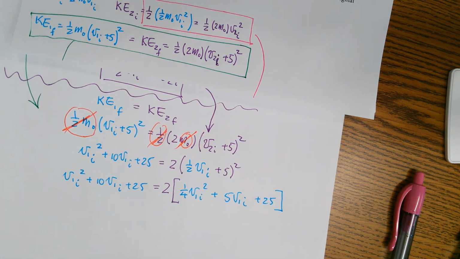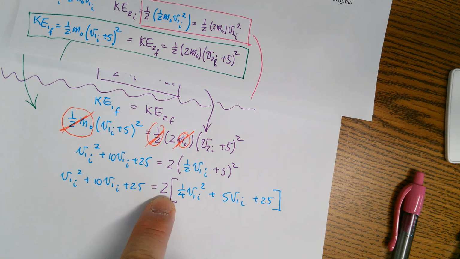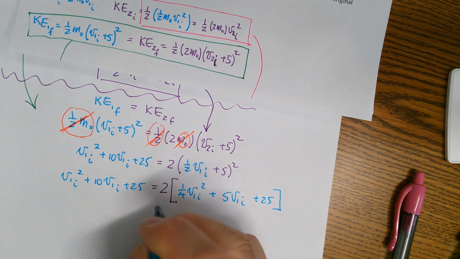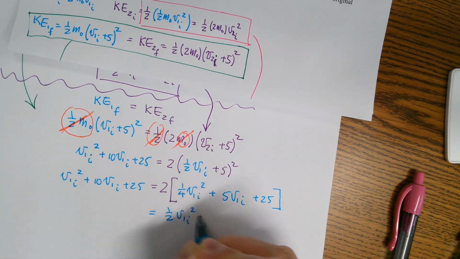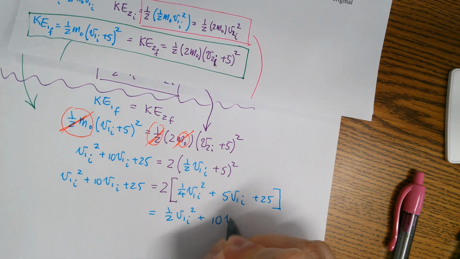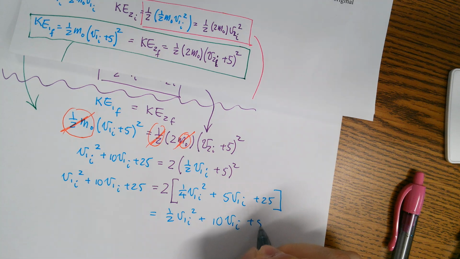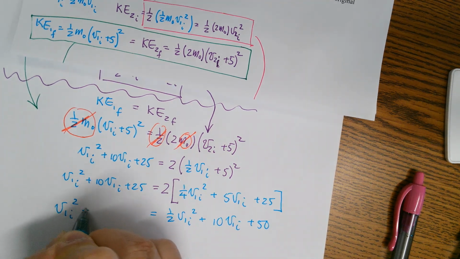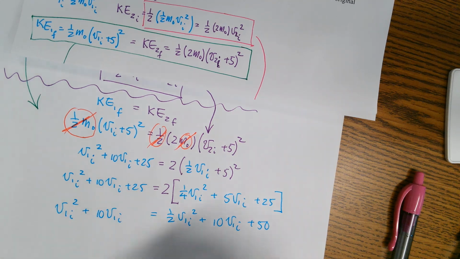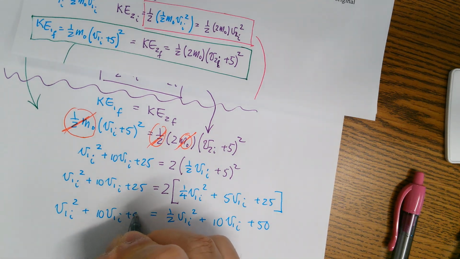Let's distribute the 2 through. I have 1/2 V1 initial squared plus 10 V1 initial plus 50, equal to V1 initial squared plus 10 V1 initial plus 25.